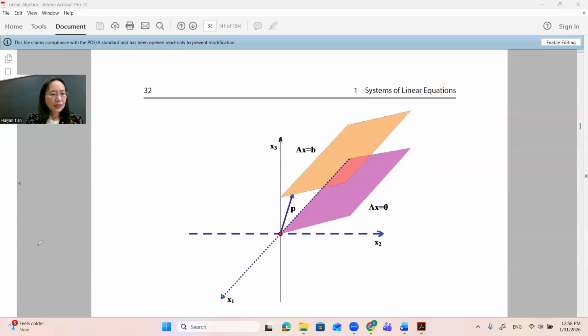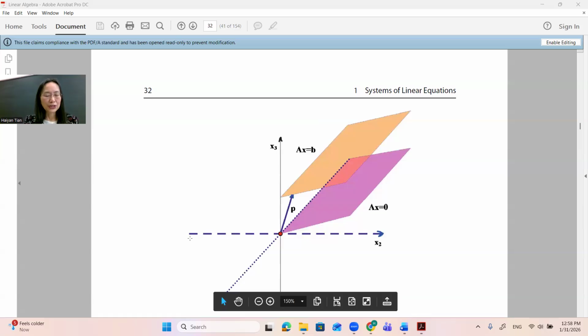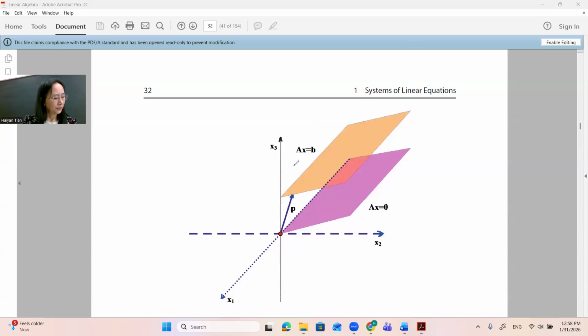Okay, so now we have seen the geometric interpretation of the two solution sets, and the main focus is on the structure of solutions, and how solution sets of the two systems are related when they share the common coefficient matrix A.